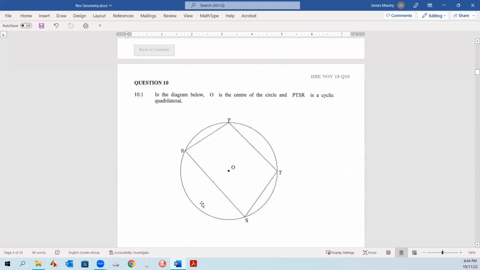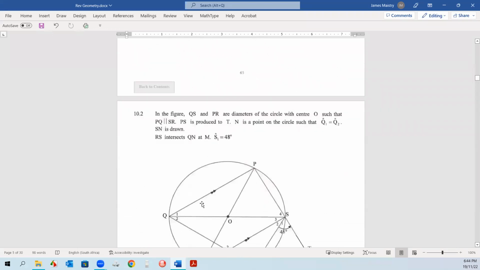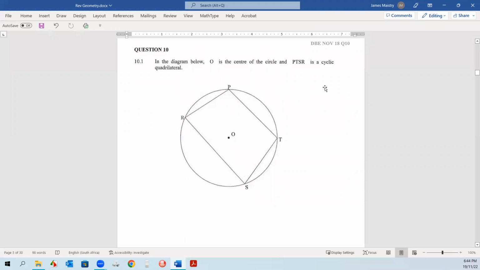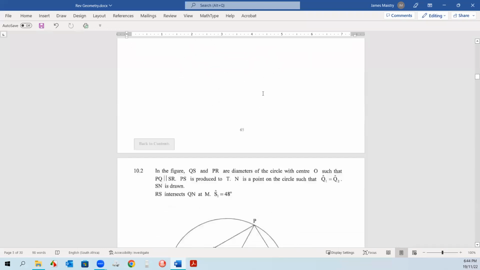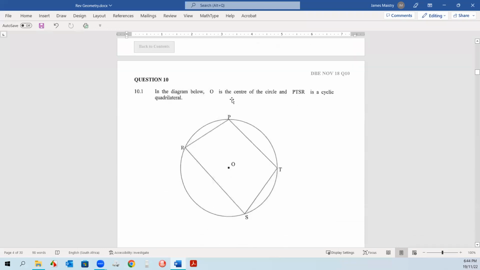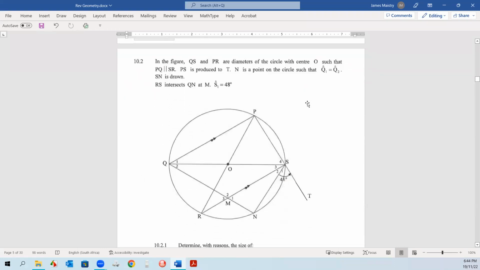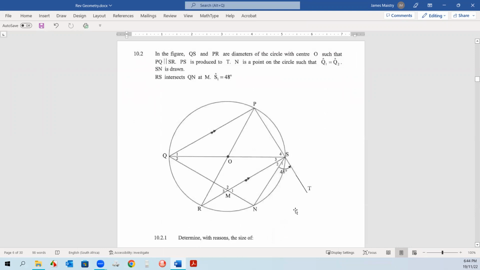Okay, I'm going to skip some and get to the other ones. This one says, prove the theorem for a cyclic quad. In the diagram below, O is the center of the circle, and that is a cyclic quad. There's no question on that, so let's skip it and come here. 3 marks.